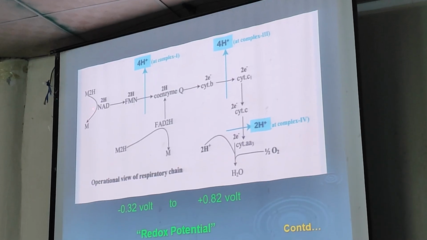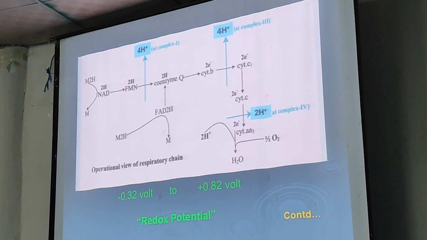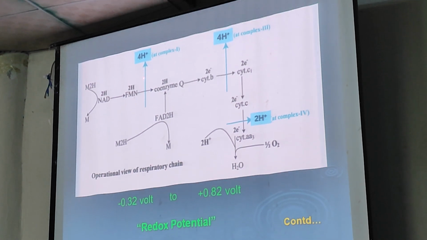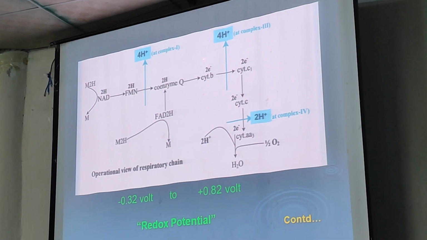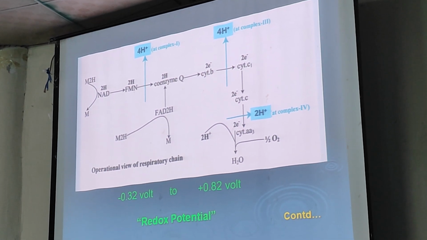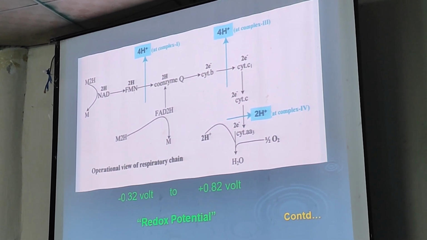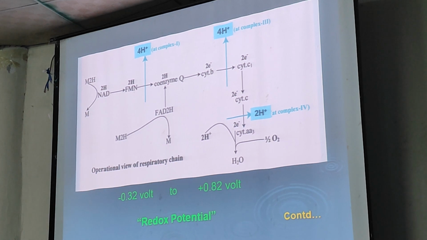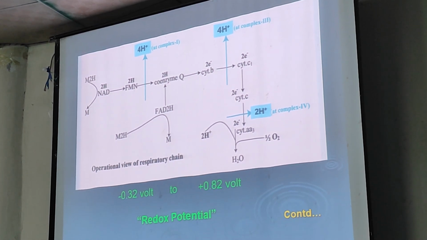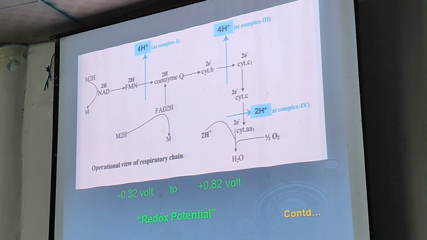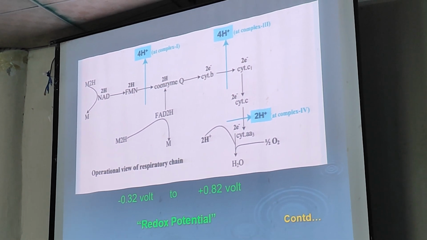So in this particular step, there is energy release. This is another step to release energy. This is another step to release energy. Now this released energy is utilized by mitochondria to pump protons from the mitochondrial matrix to the intermembrane space.